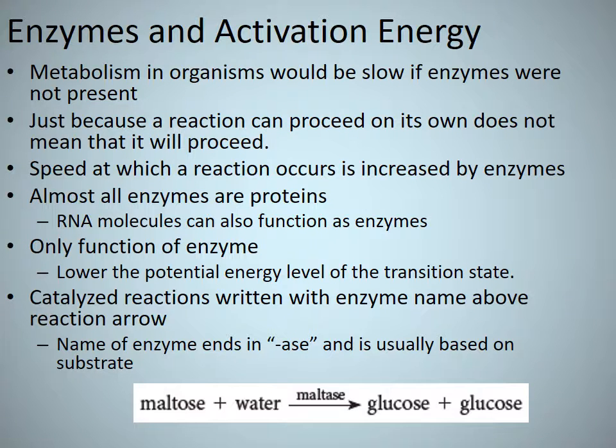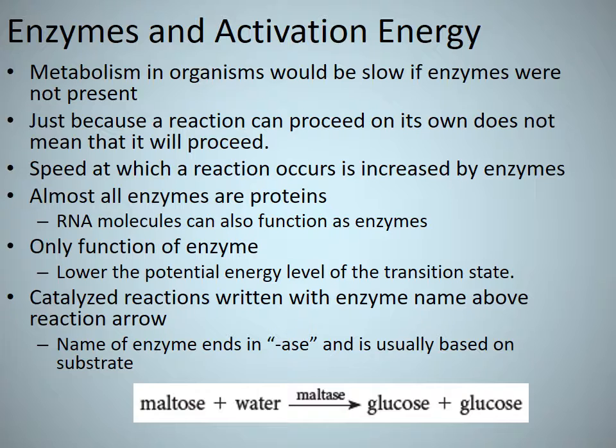Enzymes are very, very important here, because we learned about enzymes earlier. Enzymes lower activation energy, so the amount of energy that's required to drive a specific chemical reaction forward. Enzymes are very important in our cells because they lower the amount of energy that's required for a chemical reaction to proceed.